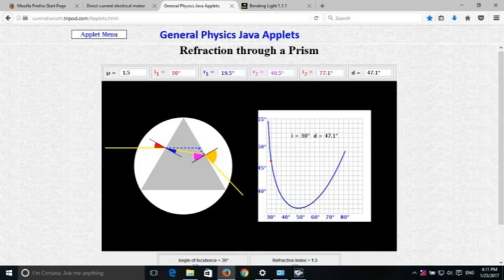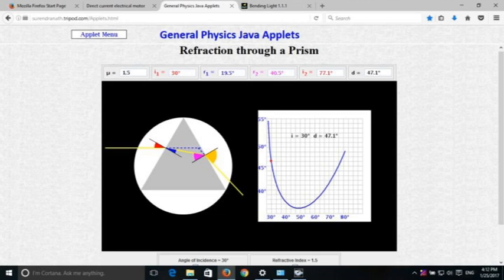Okay, this is an interesting experiment. We are taking the glass with which a prism is manufactured, and we need to determine the refractive index of this prism. Practically, we keep the prism on the paper and trace the base of that prism, and we place two nails here, assuming that those two nails indicate the direction of the incident light.